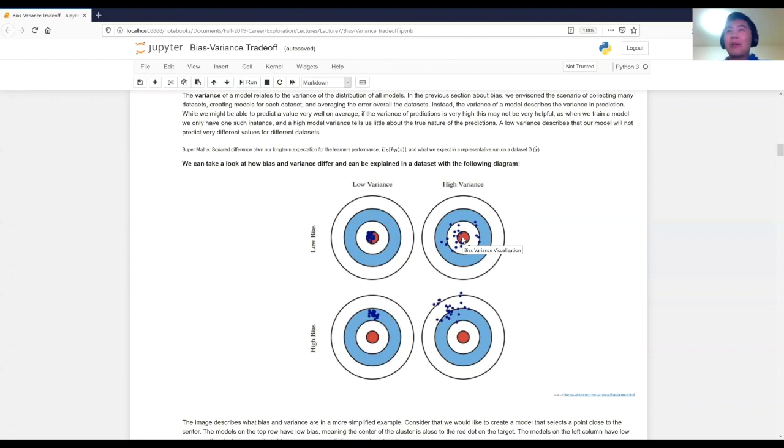So the model isn't super useful. But having a biased model means that even though my predictions cluster around some value very tightly, this value is off from the true center, and that is referred to as high bias.